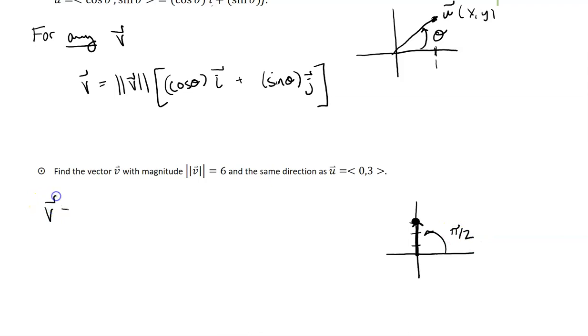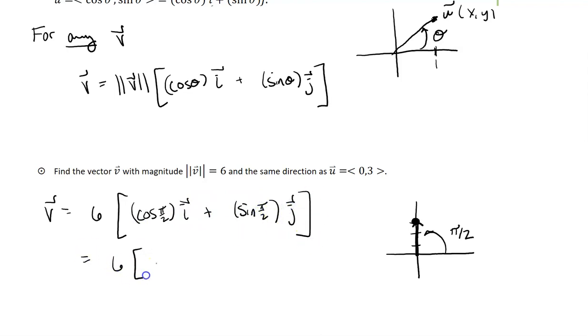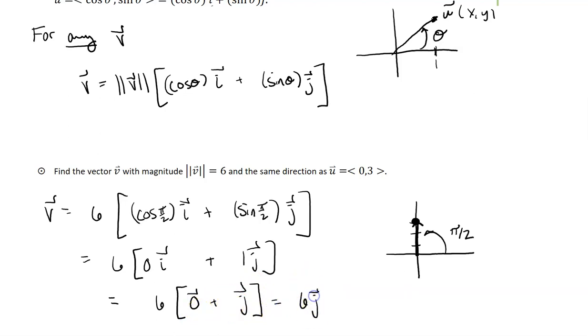So v then would be 6 times the cosine of pi over 2 i plus the sine of pi over 2 j, which would be 6 times 0i plus 1j. 0i is going to be the 0 vector. And of course the 0 vector plus j is just j, so we get 6j. And if one of the components happens to be 0, we usually just don't write its letter.